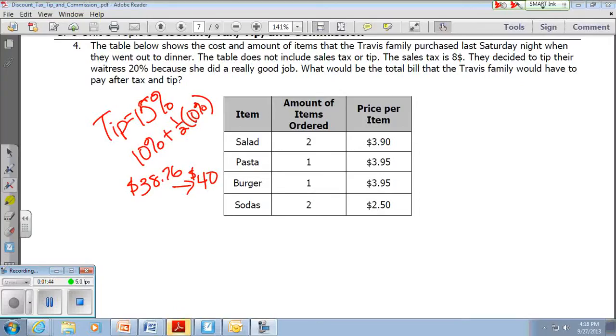Now, using the 10% rule, I move the decimal over 1 to the left, so 10% is $4.